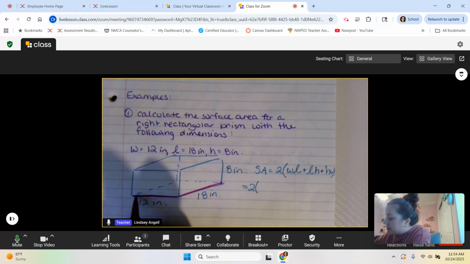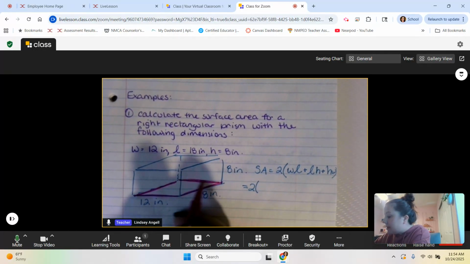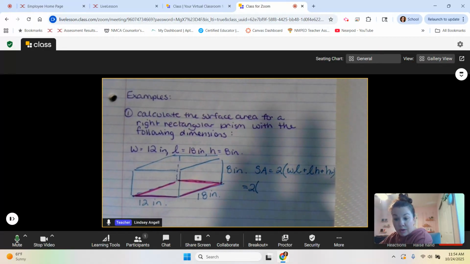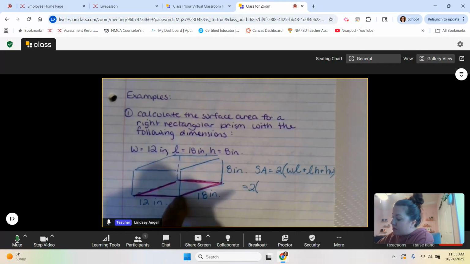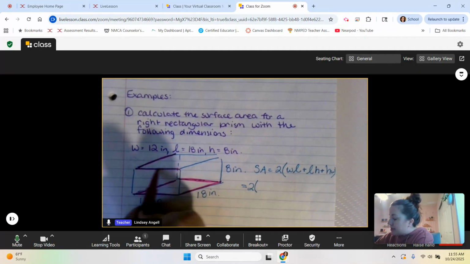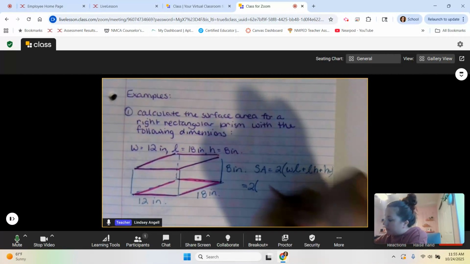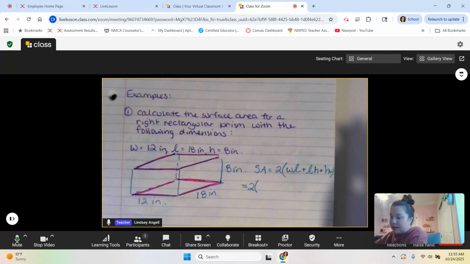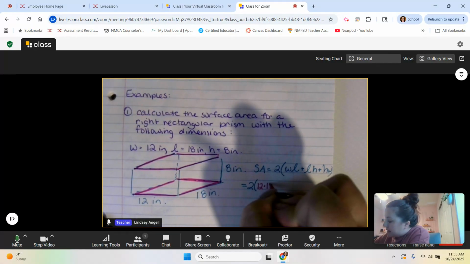That is the area of the base of the box, and I have 2 of those, which is why I'm multiplying by 2. I have the bottom of the box, but I also have the top, so that takes care of those. In this case, and I'll even color code it, that would be 12 times 18.